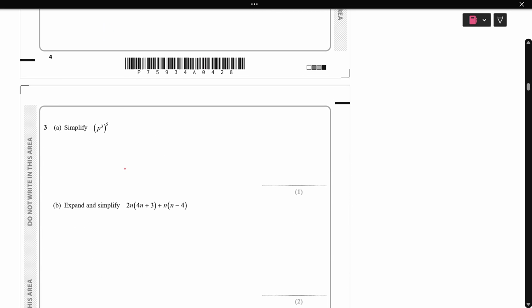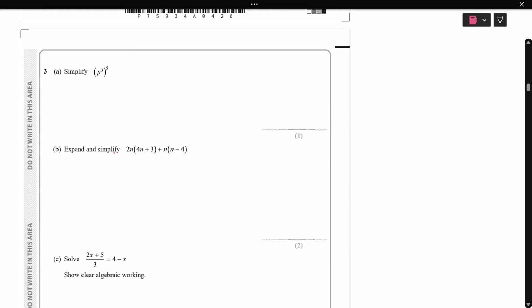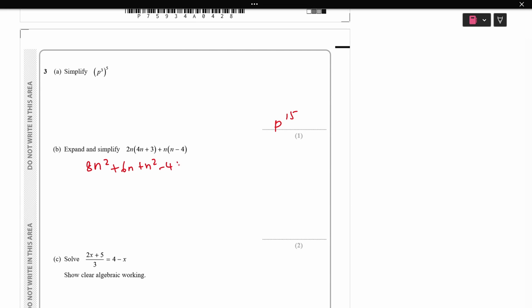Okay, next question. Simplify P Q power, this is P power 15. Next, expand and simplify. First we expand: 8n square plus 6n plus n square minus 4n, which is 9n square plus 2n. The answer is 9n square plus 2n.